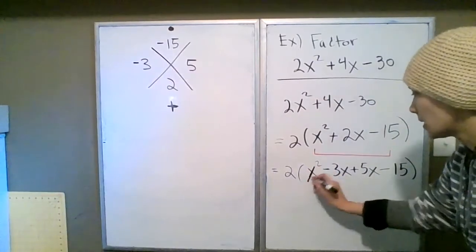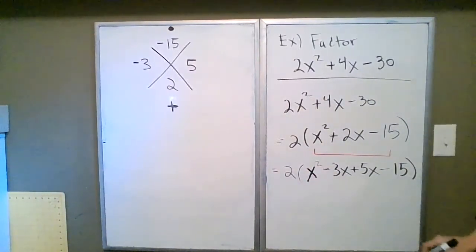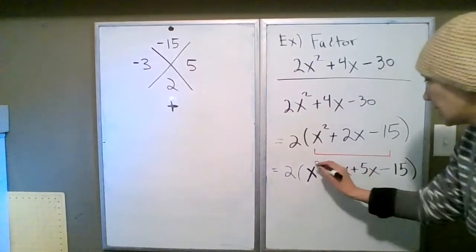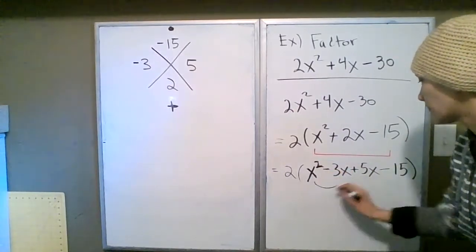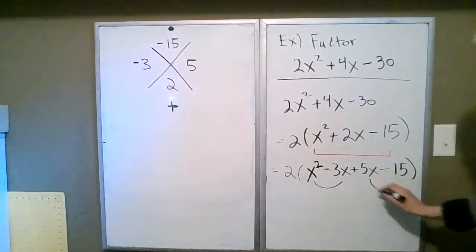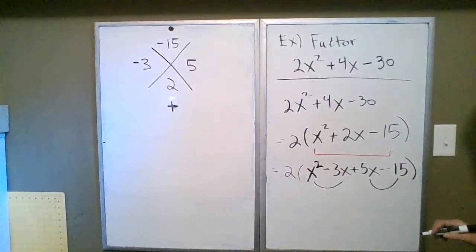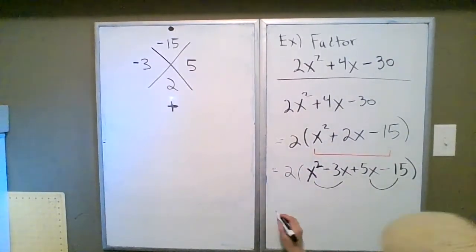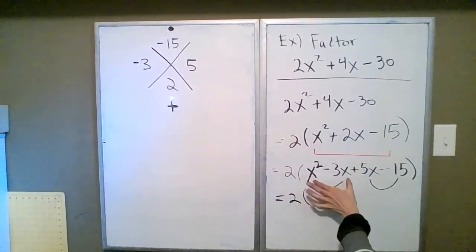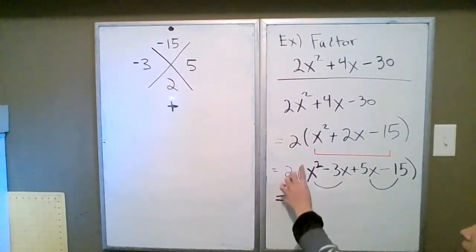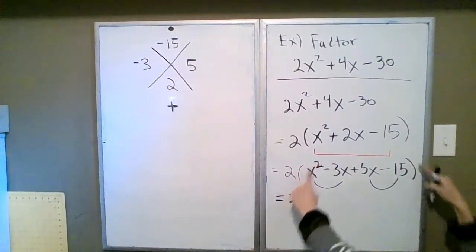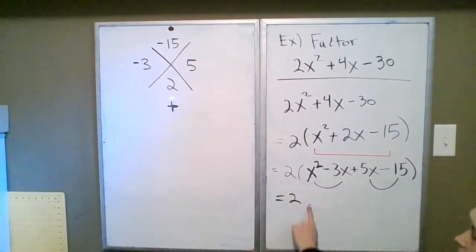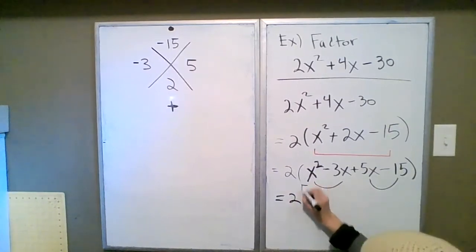Inside the parentheses, we're going to group together x squared and negative 3x, and group together the 5x and negative 15. All right, let's see if I can get this. So 2 times. I'm going to change these parentheses out here to square brackets because we're going to have parentheses inside. Just helps keep it organized.